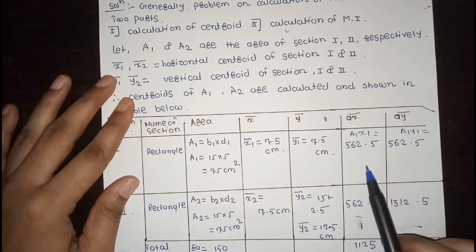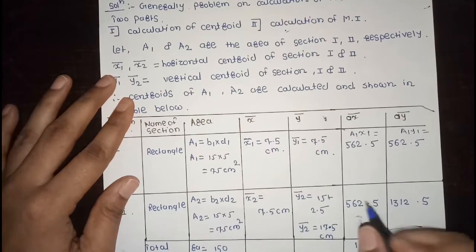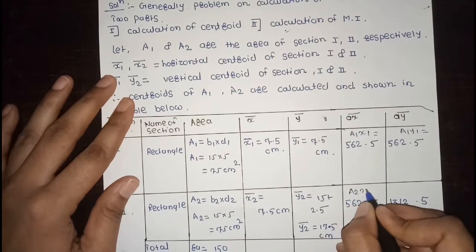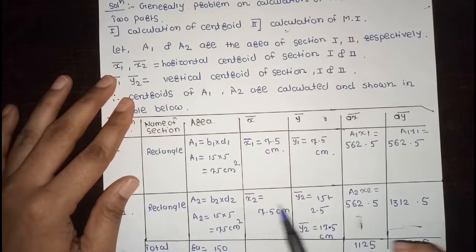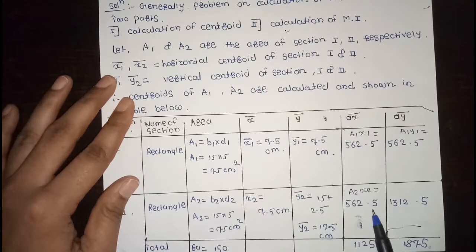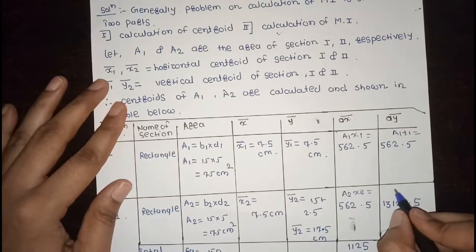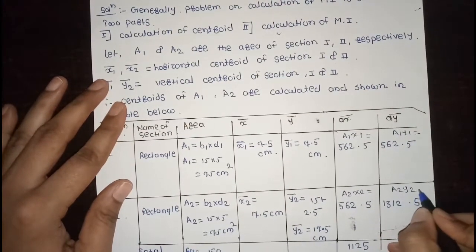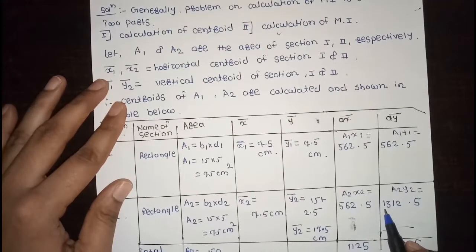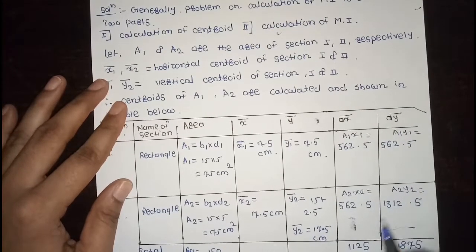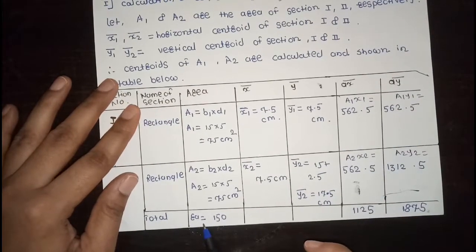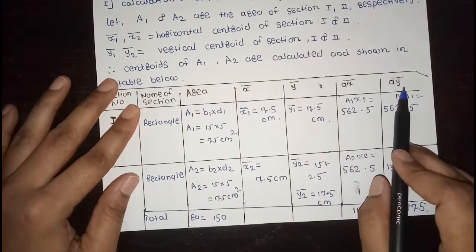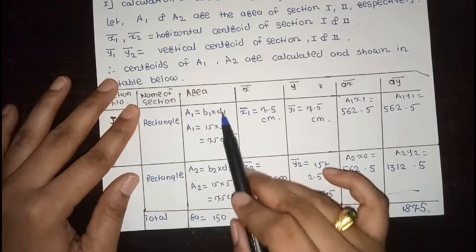Then calculate A2 X2 bar, the product of A2 and X2 bar, which gives 562.5, and the product of A2 and Y2 bar, which gives 1312.5. Then calculate the summation of area, summation of AX bar, and summation of AY bar.